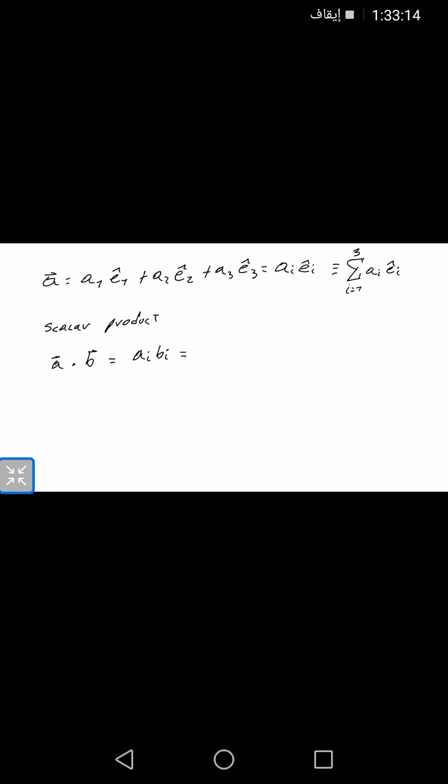Or using another index, J, like this. It means that what we have is just this summation in index notation, let's say from 1 to 3.